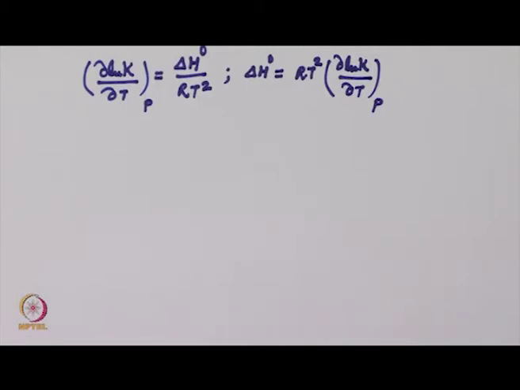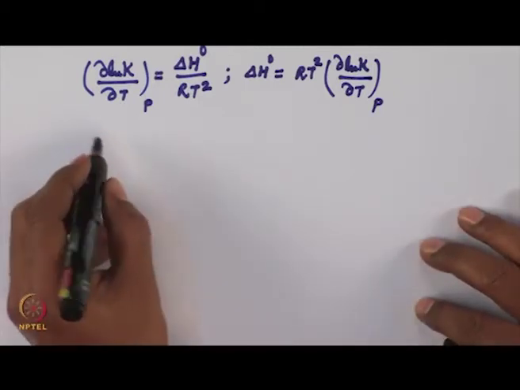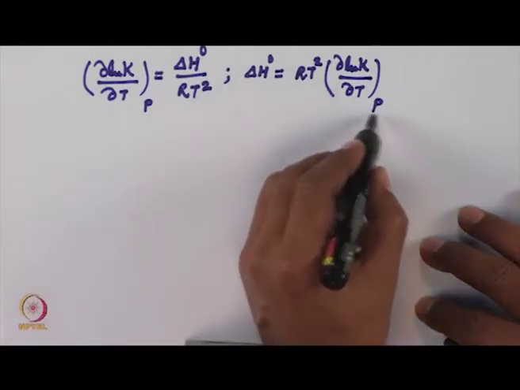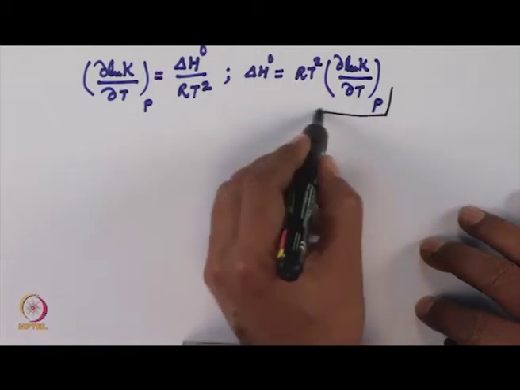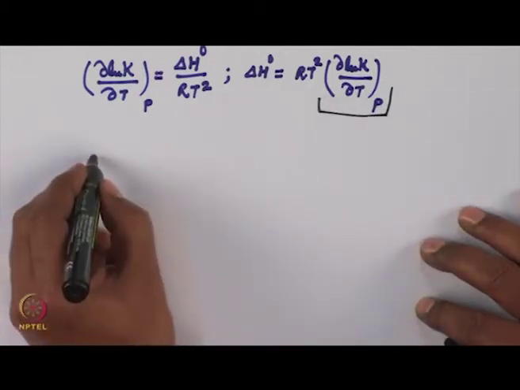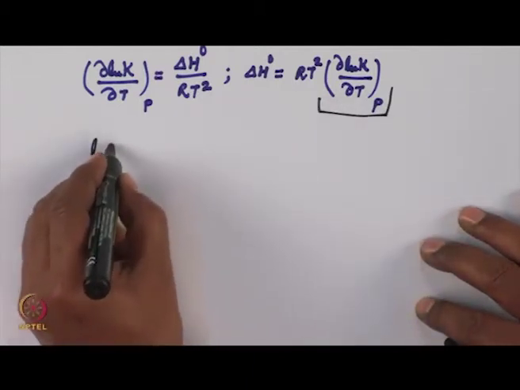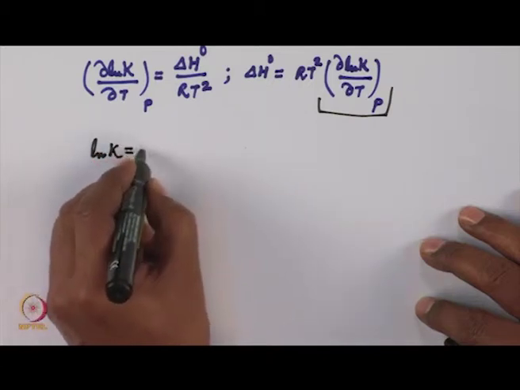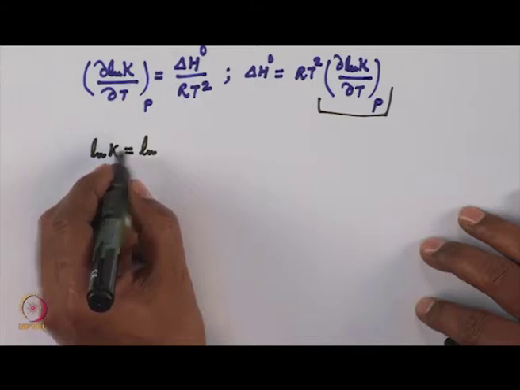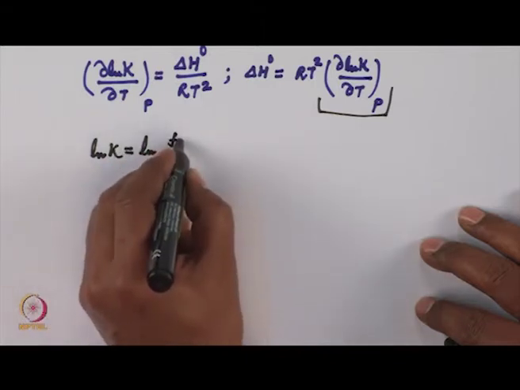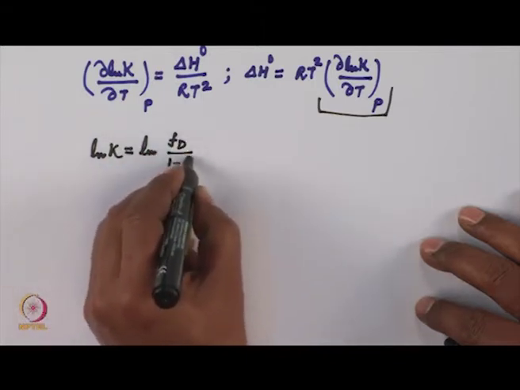So, what we need to find out now is this factor. Log K will be equal to log of K, which we have written as Fd over 1 minus Fd.